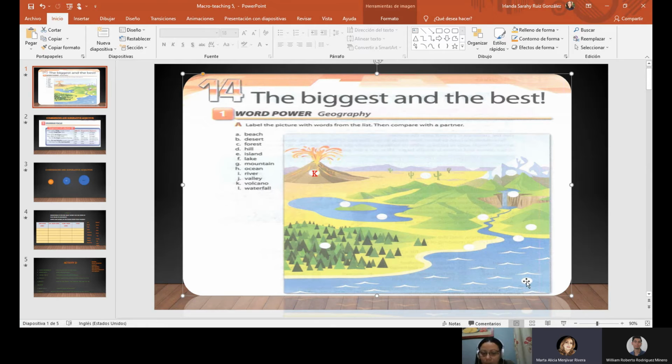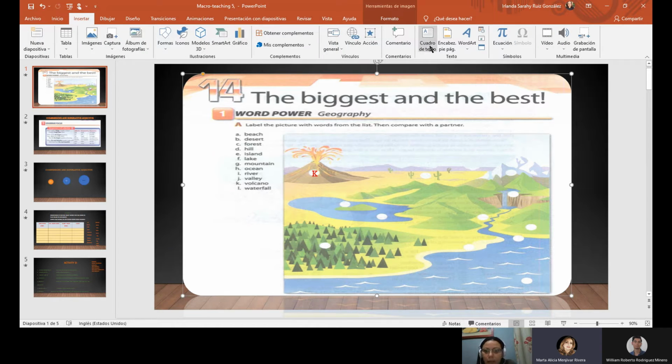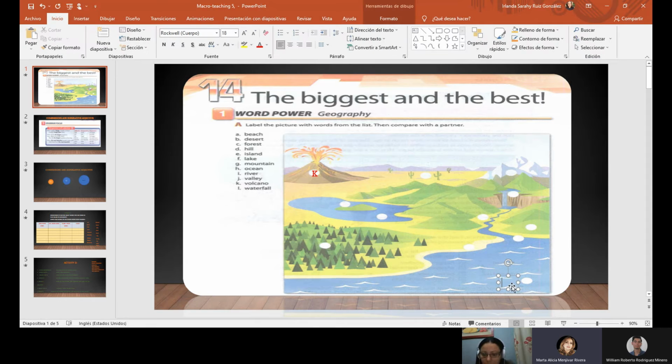Beach is located maybe here. Maybe it's in this place. Yes, that's a beach.